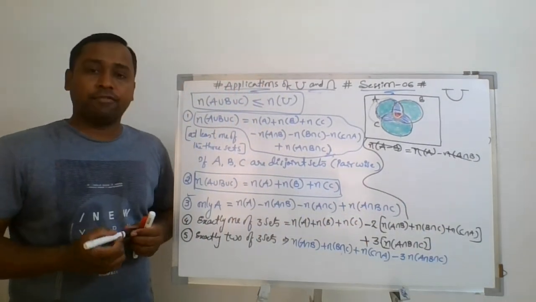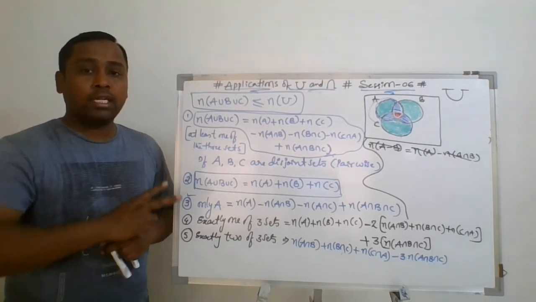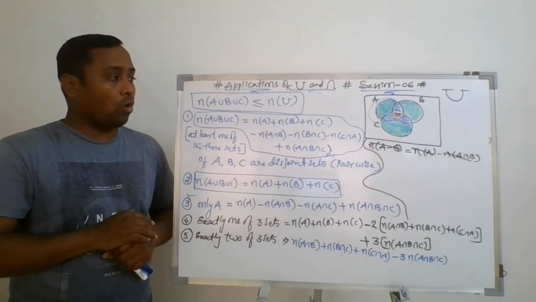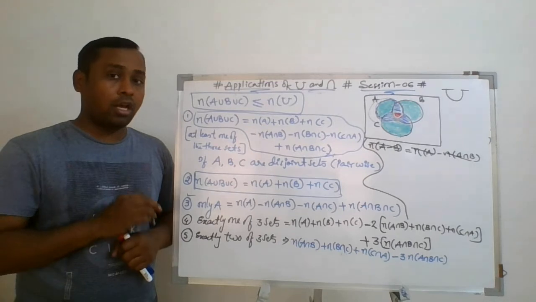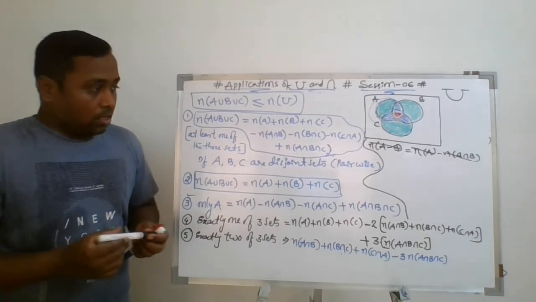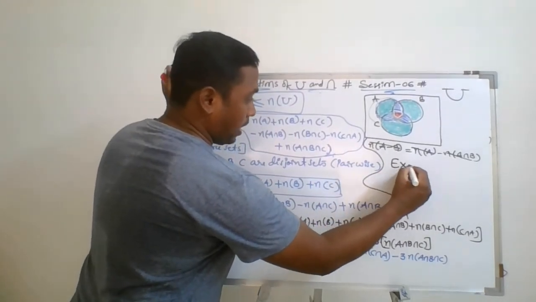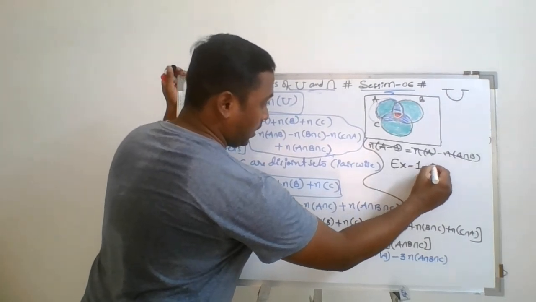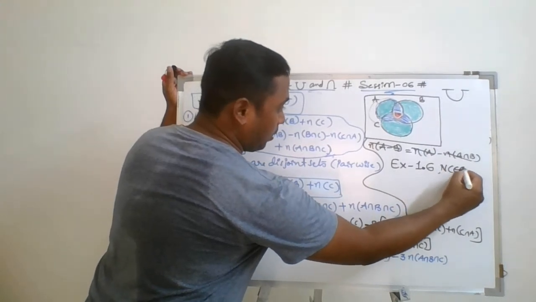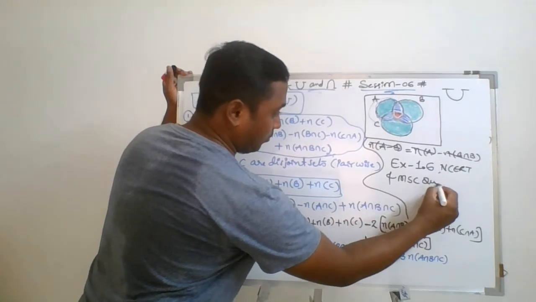Fine, so I have listed all possible formulas related to 2 sets and 3 sets separately. So I request you all to remember these formulas and try to apply these formulas to solve some word problems that are there in the exercise 1.6 from NCERT textbook, as well as some miscellaneous questions.